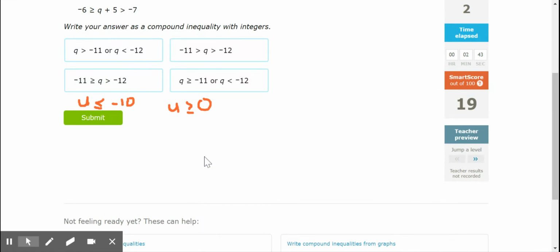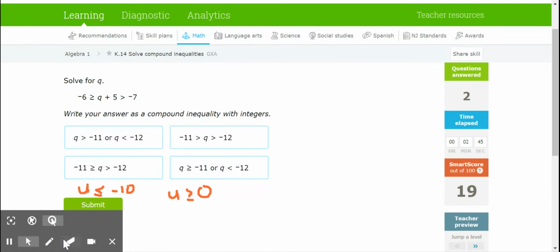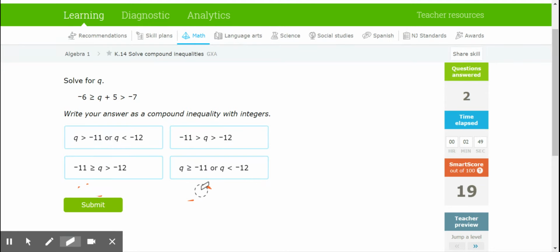Now here it's connected again, so it's an implied and statement. Since it's only adding to the middle portion, I'm just going to keep it together and subtract from each section of the inequality. Remember, this is not going to get broken up into pieces.